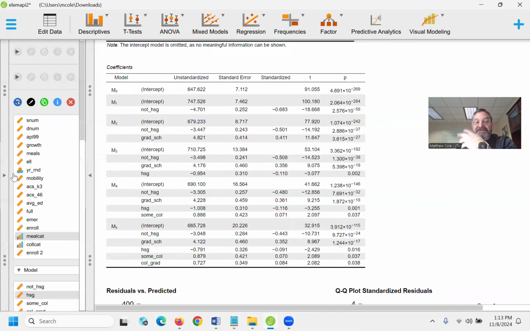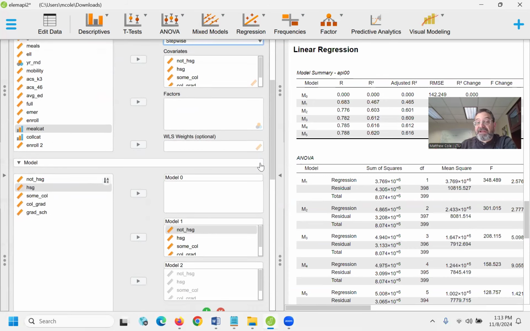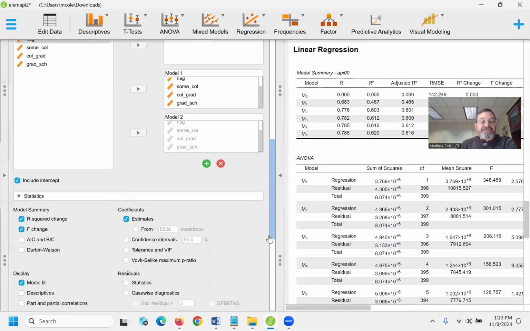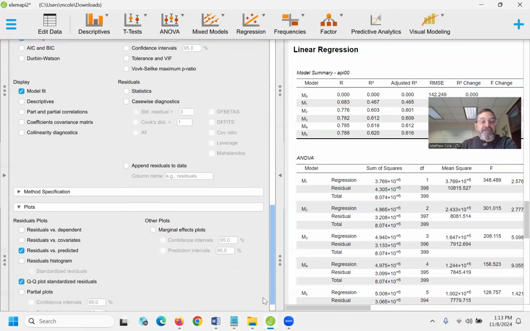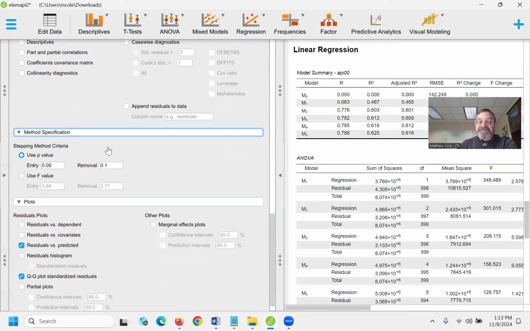Now, how were these added and eliminated? None of them were eliminated. They were all found to be significant, but how were they added? Well, this is where we came down here to the method specification, and we just left it as the default. The method specification is that a predictor will be added if it leads to a p-value less than 0.05, right?